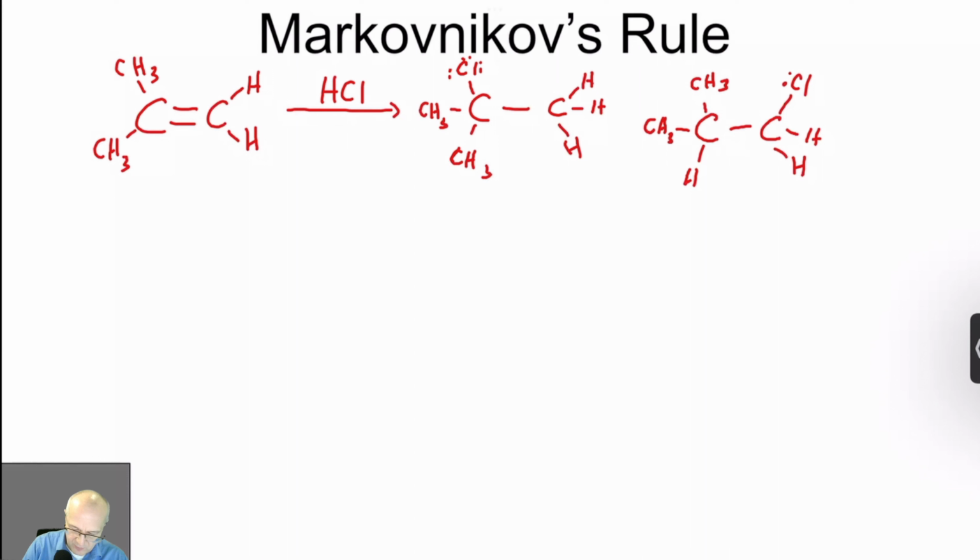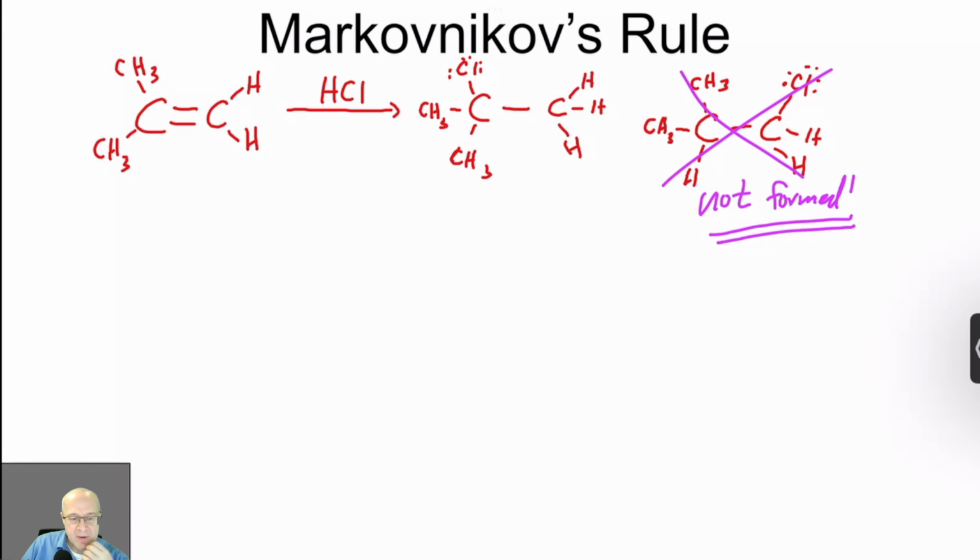This one is not formed. So let's draw a big purple X through it. That one is not formed. Now that's interesting. We get complete selectivity for one over the other. We get this one, but not this one.